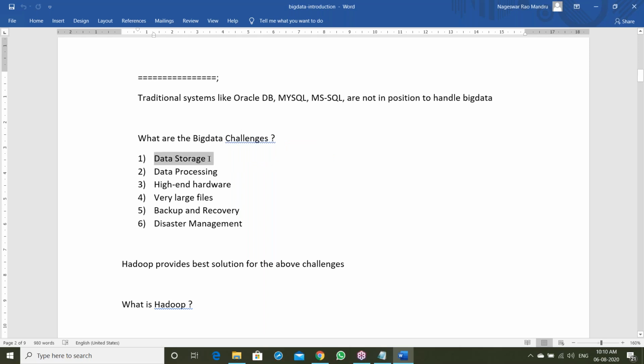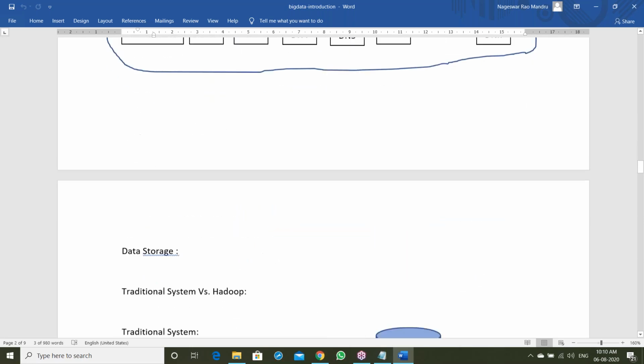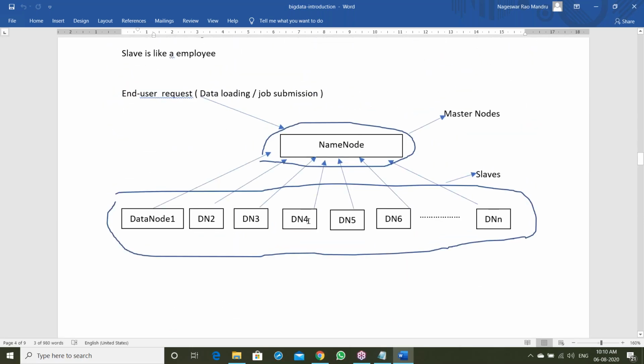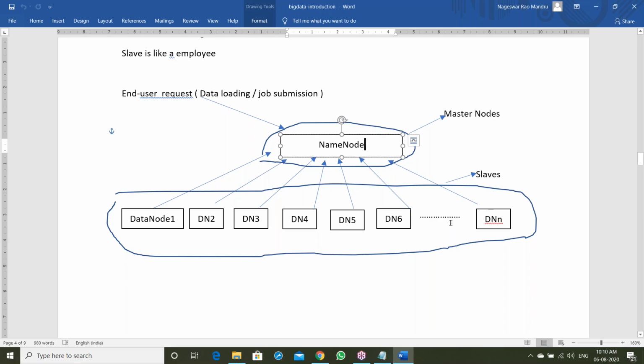Data is always distributed onto multiple servers, not a single one. One file will always be distributed on multiple servers. The name node takes care of data distribution. The name node will distribute data into multiple nodes in the cluster.